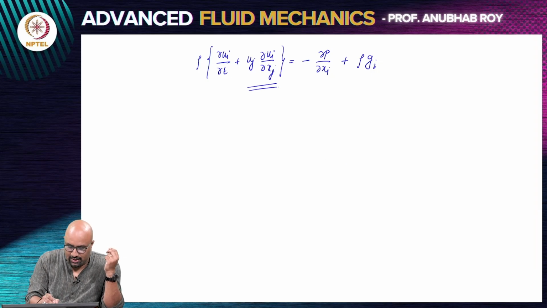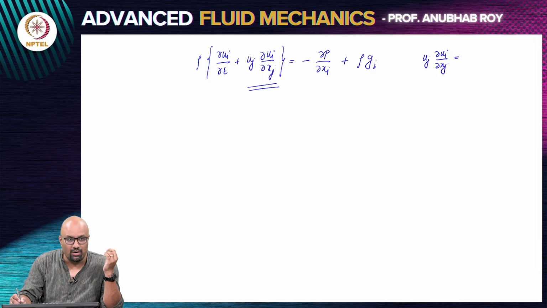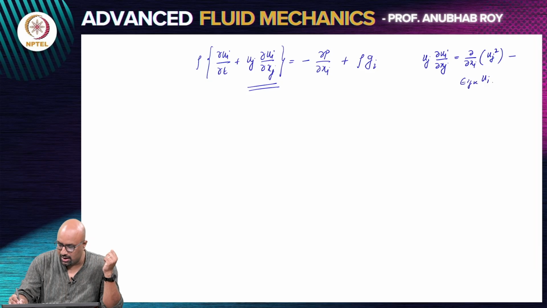Now the advective term which is there in the problem, that's u_j ∂u_i/∂x_j, or the u dot del u term. We know that this particular term can be written in a slightly more compact notation. We used this when we were working with vorticity, that this can be written as ∂/∂x_i of u_j squared, minus, or rather, epsilon_ijk u_j omega_k.